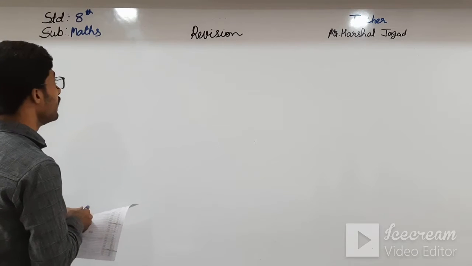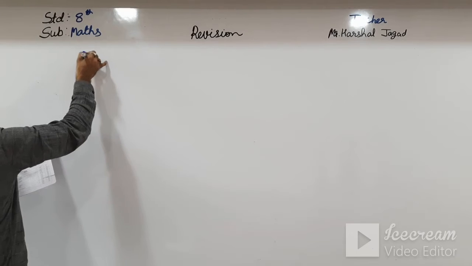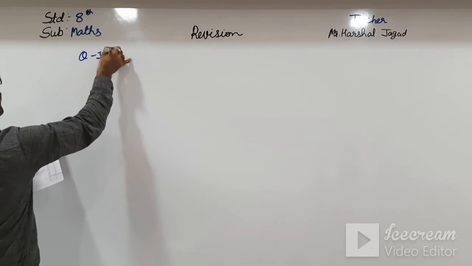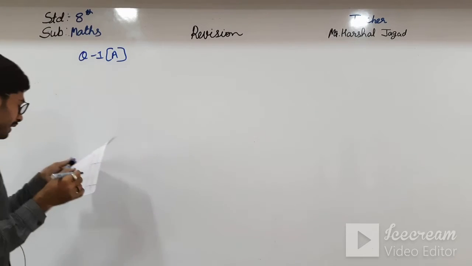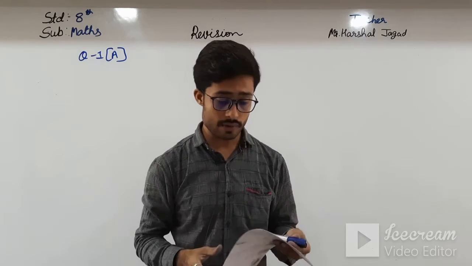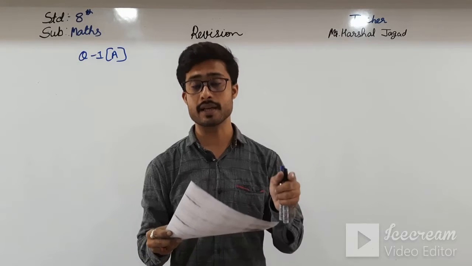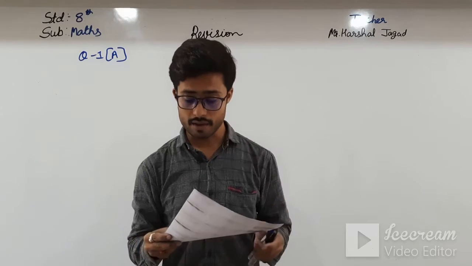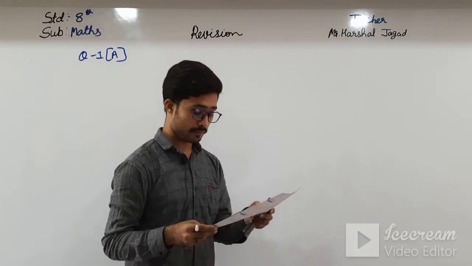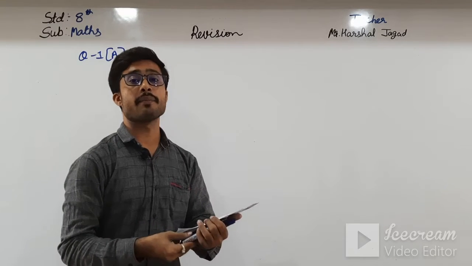maths in the exercise question 1a, what is there? Add and subtract rational numbers. You know how to add and subtract rational numbers. Okay students, so here there is a printing mistake.